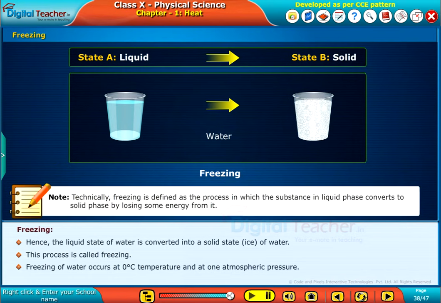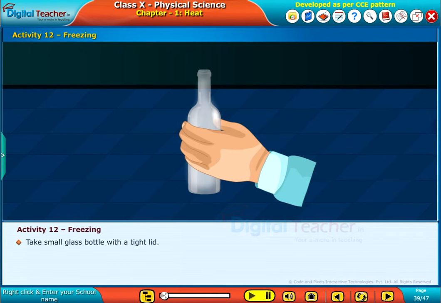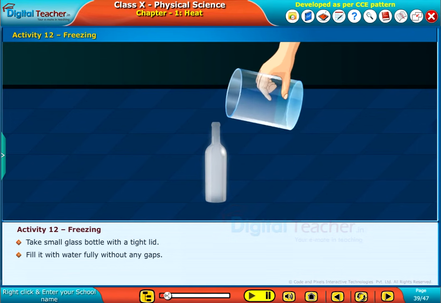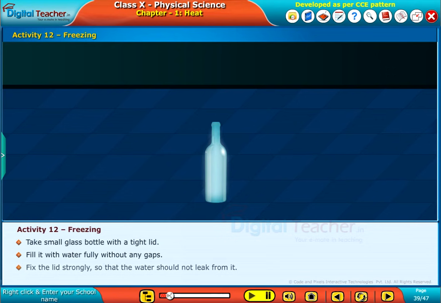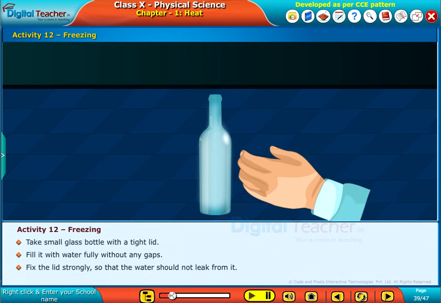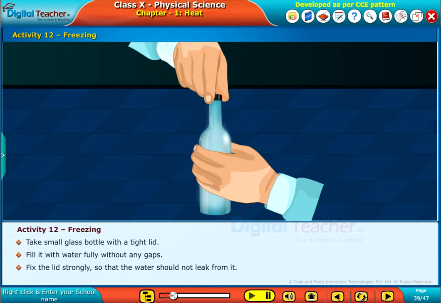Let us learn more about freezing through an activity. Take a small glass bottle with a tight lid. Fill it with water fully without any gaps. Fix the lid strongly so that the water does not leak from it.